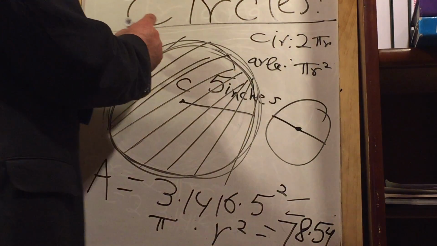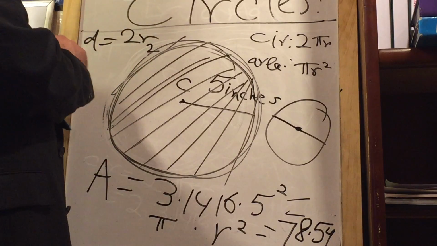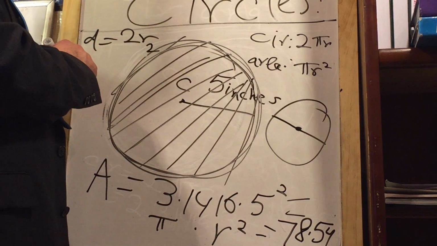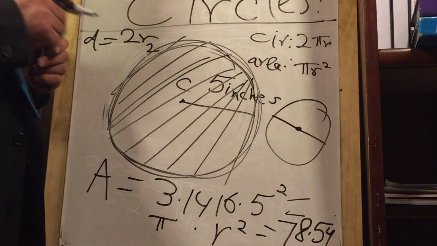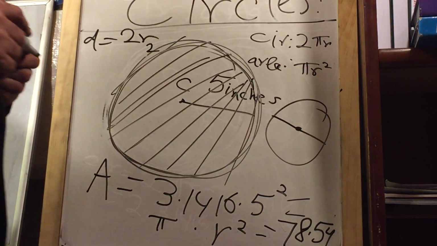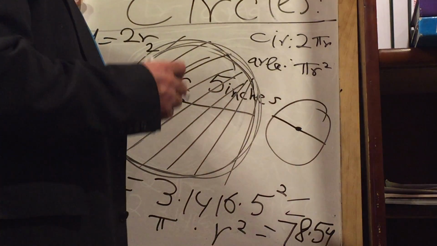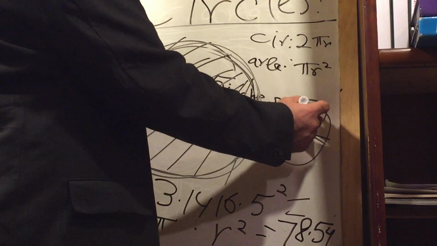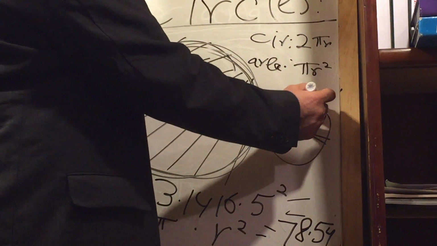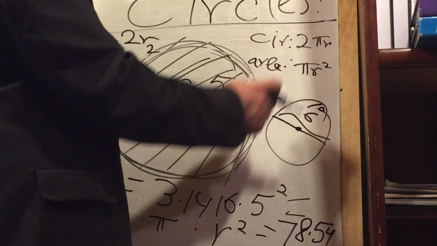So if r is 2, the diameter is 4. If r is 3, the diameter is 6. So sometimes in homework or in books, they tell you, I don't know the radius, I know the diameter. The diameter is 6, the diameter is 10.